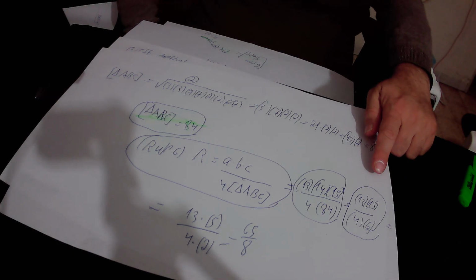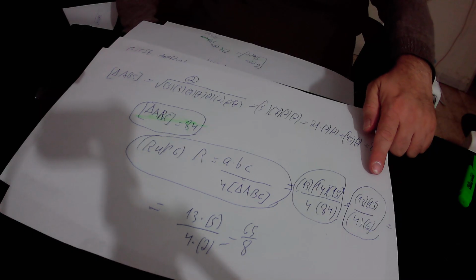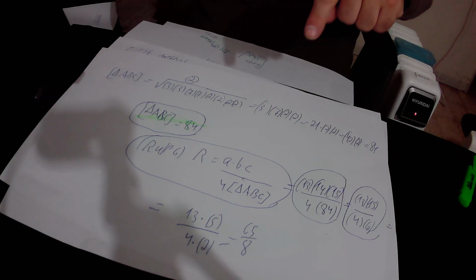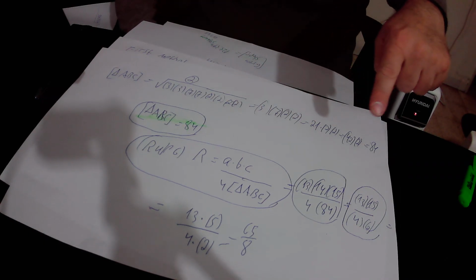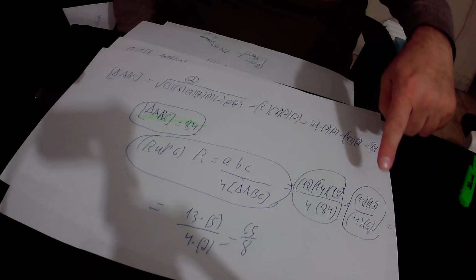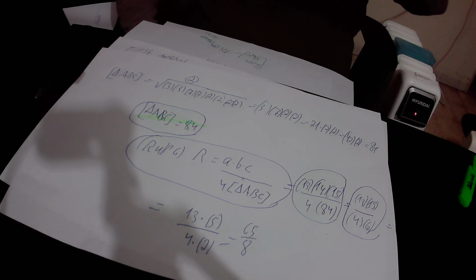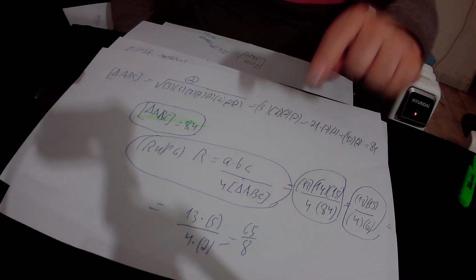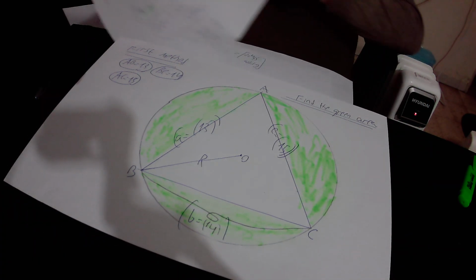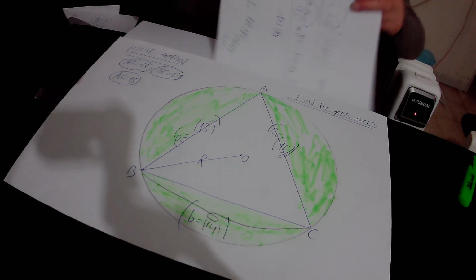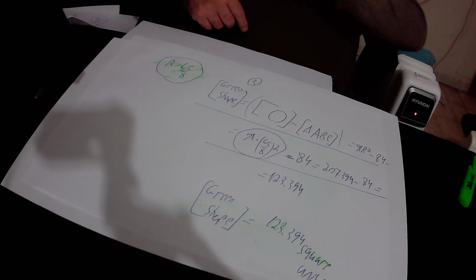In the numerator, 13 times 15 over 3, that is 5, so we are left with 13 times 5. In the denominator, 4 times 6 over 3 is 2, so we are left with 4 times 2, that is 8. And 13 times 5 is 65. So we found out in conclusion that the radius R of this circle that blocks triangle ABC equals 65 over 8 units.